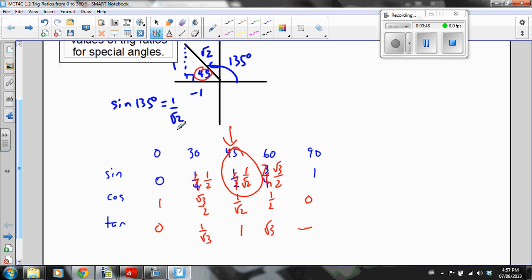This one, it's positive, but notice if we had the cosine of 135 degrees, we would have read it over here, adjacent over hypotenuse, negative 1 over square root of 2. And if we would have read it from the chart, same reference angle, but we would have missed the negative sign. And so, sometimes it feels like we could get the chart except for this idea of the minus sign. We'll see that more today.